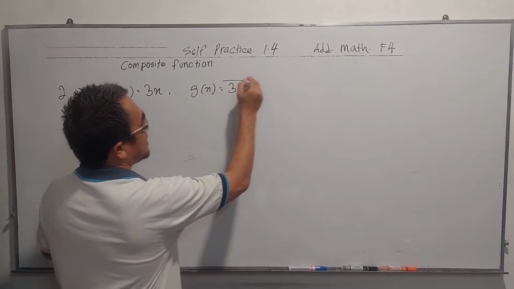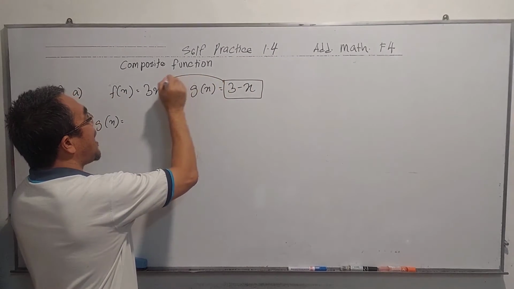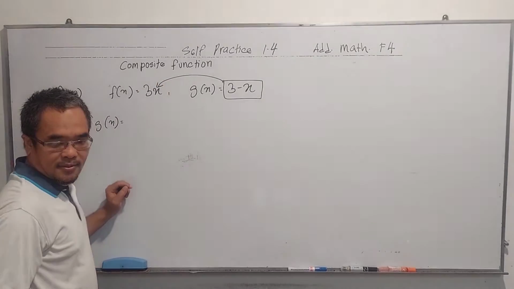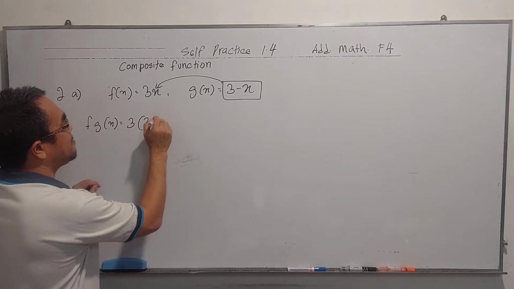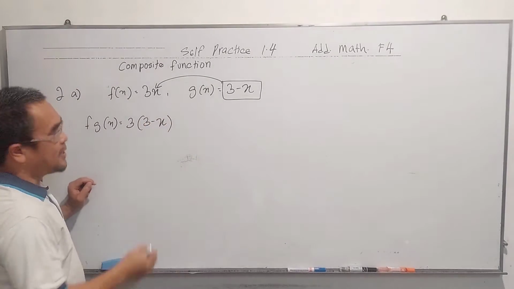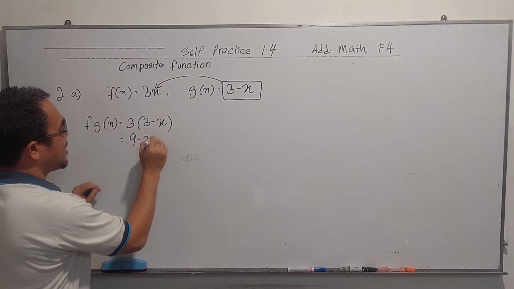You substitute this into f where x is. So it becomes 3 minus x. Then you expand, you get 9 minus 3x.